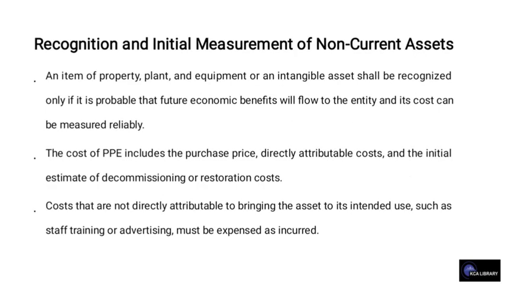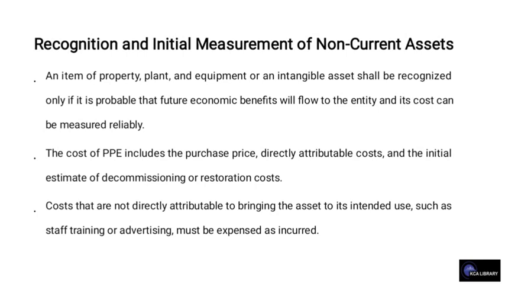Let's look at the recognition and initial measurement of non-current assets. An item of PPE or an intangible asset shall be recognized only if it is probable that future economic benefit will flow to the entity and its cost can be measured reliably.